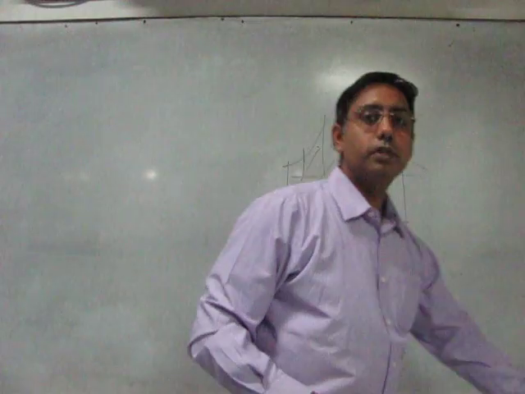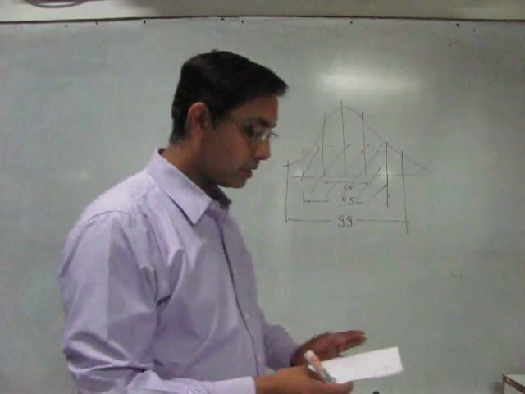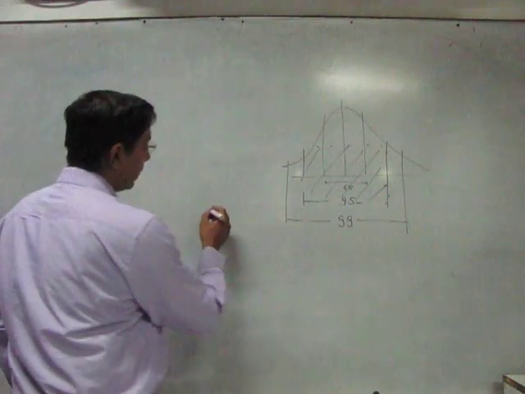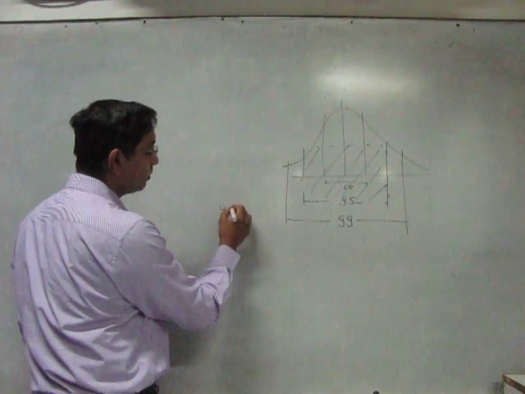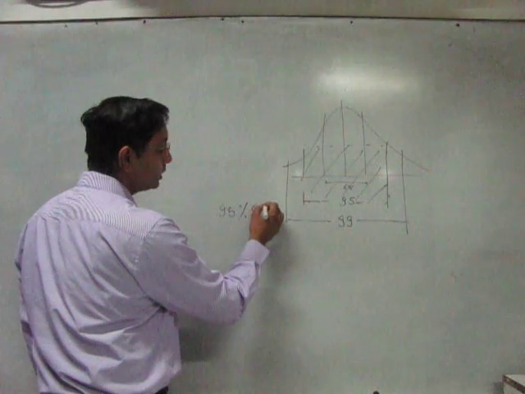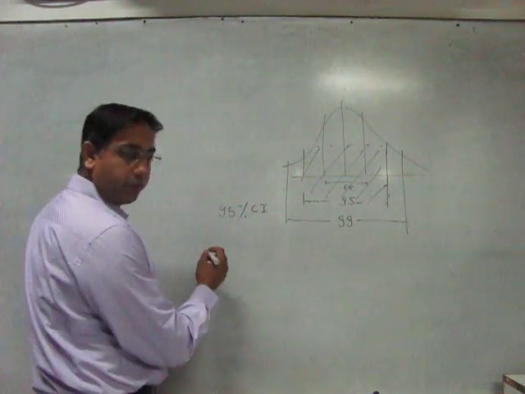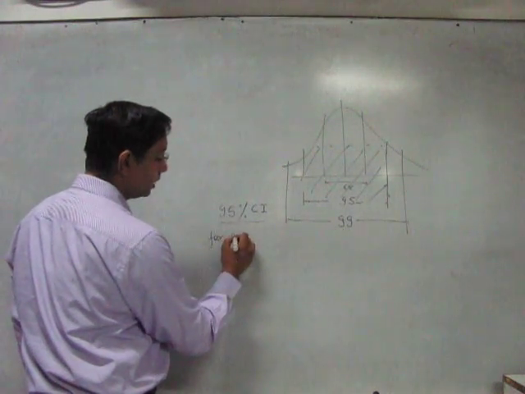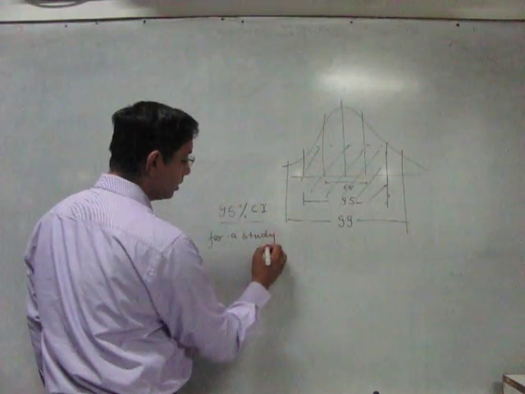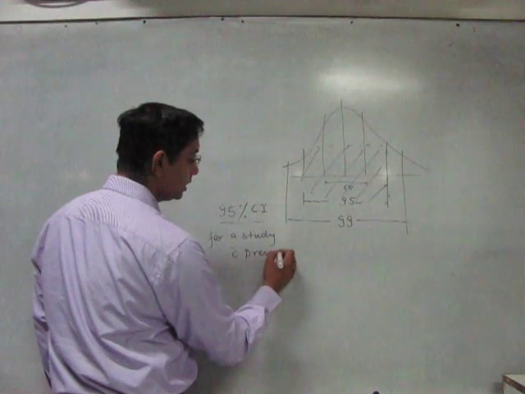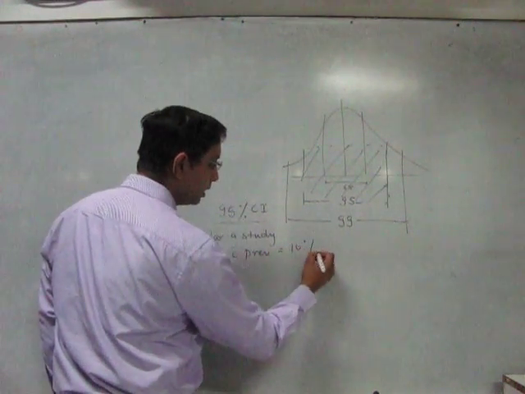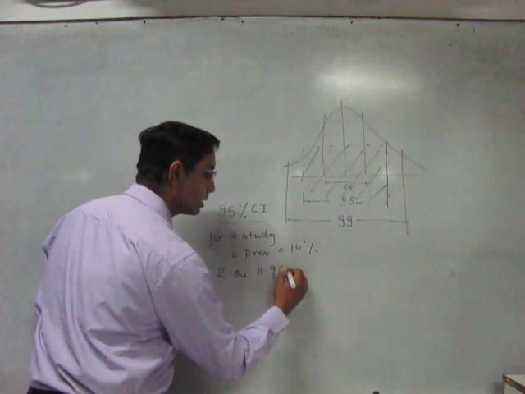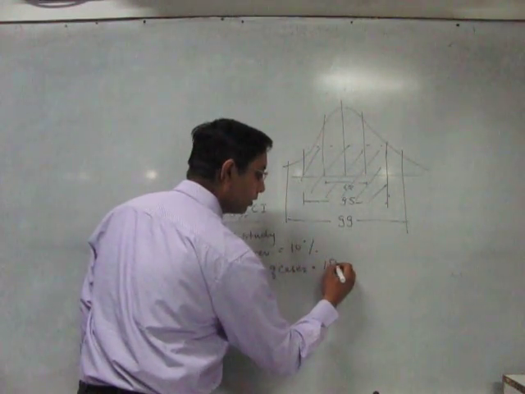So now let us see what was the MCQ asked in the AIMS exam. The MCQ asked in AIMS exam was that can you calculate the 95% confidence interval for a study with prevalence of the disease as 10% and the sample size or the number of cases was 100.